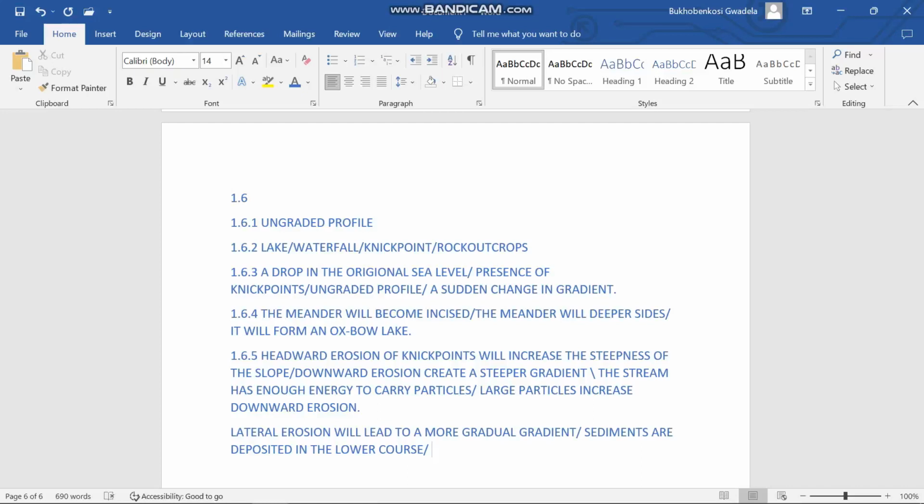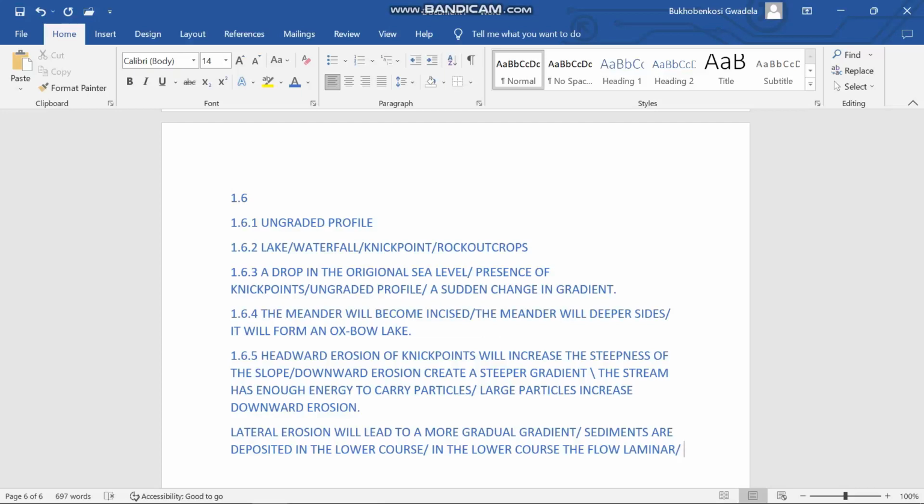In the lower course, the flow is laminar. But in the middle, partially, and mostly in the upper course, the flow of water is turbulent.